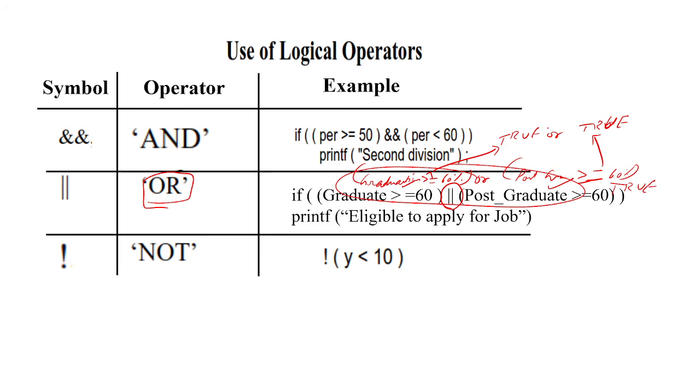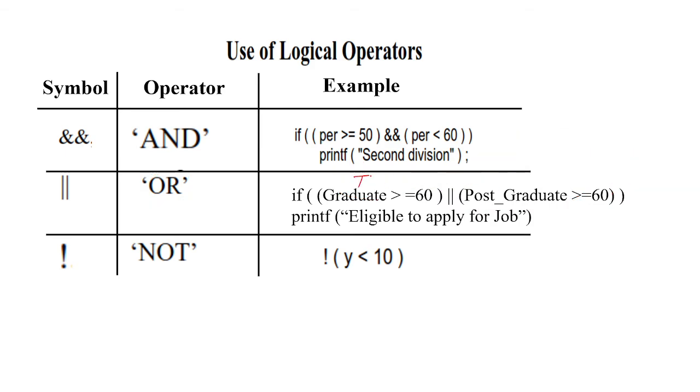Either one can be true or false, but one of the statements should be true. If one is true and the other is false, then the condition is true. If it is false and the other is true, then the condition is true, and if both the conditions are true, then the condition is true. But if both the conditions are false, then the whole condition is false.